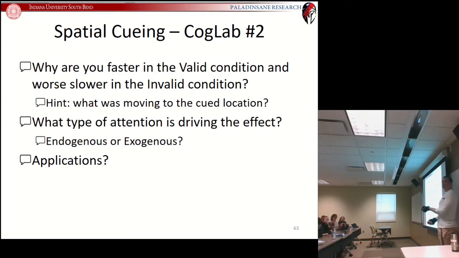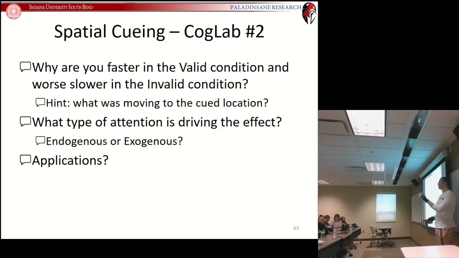Any final comments or questions before we wrap this up? The neutral line. You talked about the arrows being endogenous or exogenous. So the question is, the neutral line, is it endogenous or is it exogenous? In this case, I would say it's neither, because the neutral line doesn't have a goal. It doesn't send you one place or the other, but at the same time, it doesn't grab your attention either.